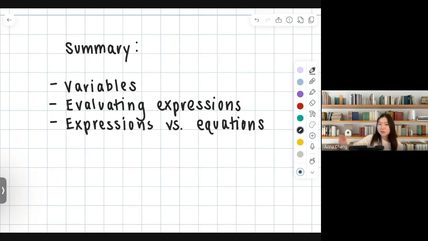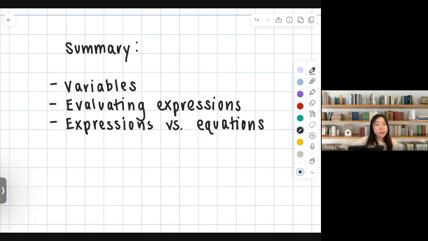So to summarize, let's remember the following ideas. Variables are typically letters that represent unknown or changing quantities. Expressions combine numbers, variables, and operations and do not include an equal sign.